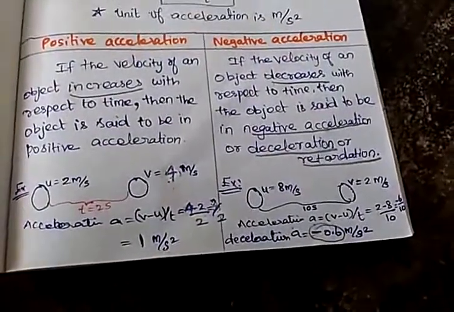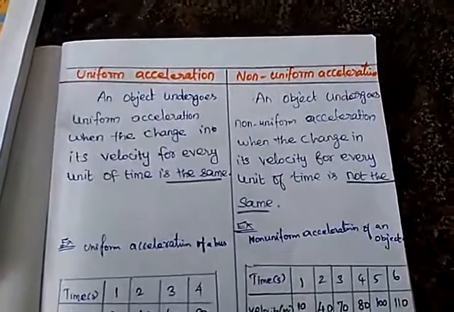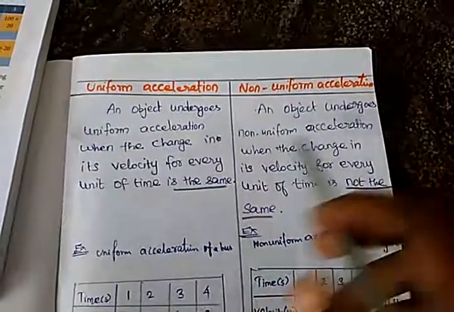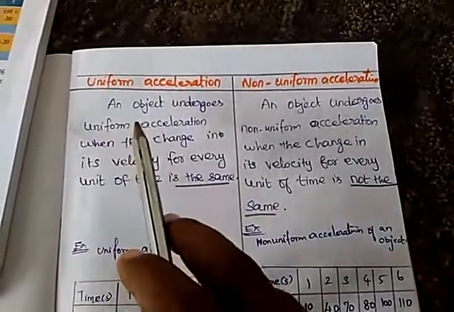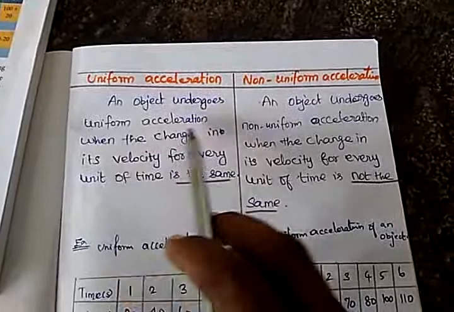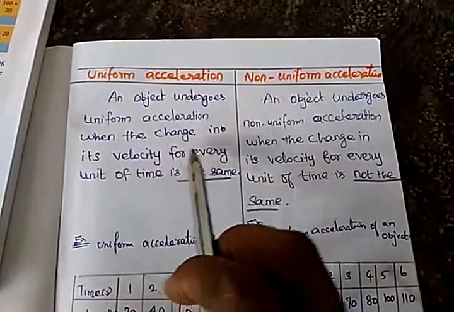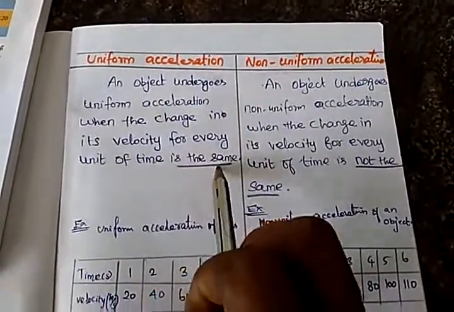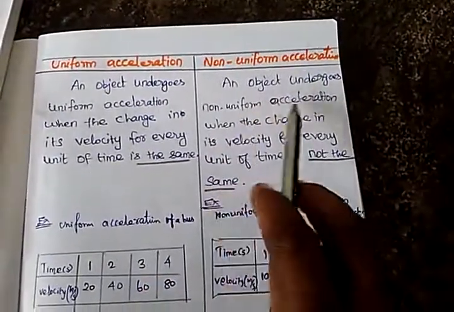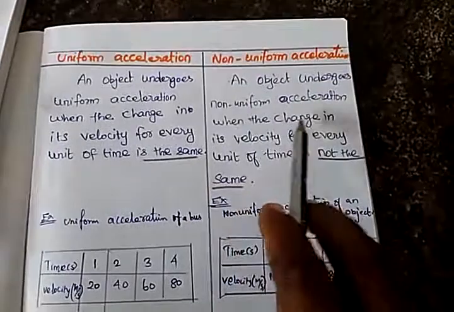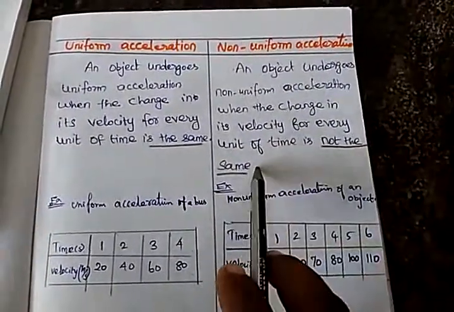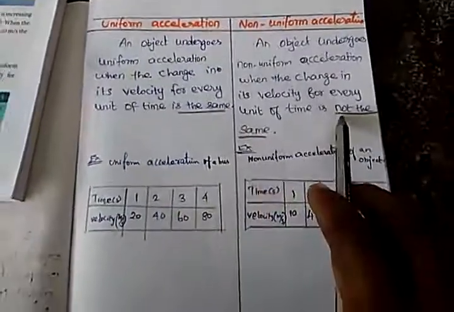Students, next we see uniform acceleration and non-uniform acceleration. What is uniform acceleration? An object undergoes uniform acceleration when the change in its velocity for every unit of time is the same. But an object undergoes non-uniform acceleration when the change in its velocity for every unit of time is not the same.